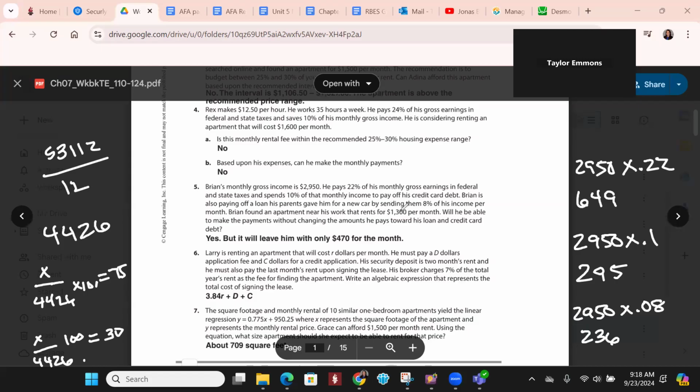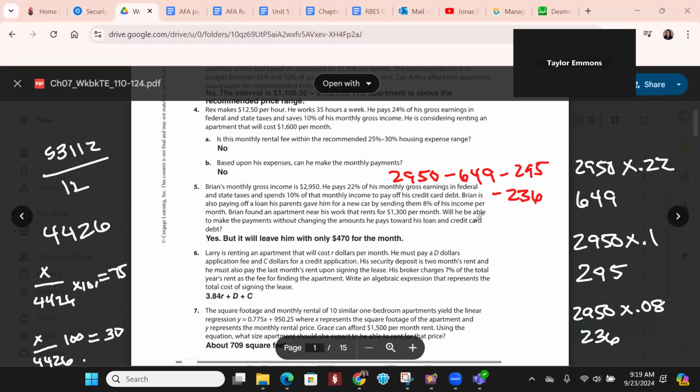Brian found an apartment near his work that rents for $1,300 a month. Will he be able to make payments without changing the amounts he pays towards his loan? So we found each loan. We're going to subtract it from how much he makes. So this is going to be 2,950 minus 649 minus 295 minus 236.